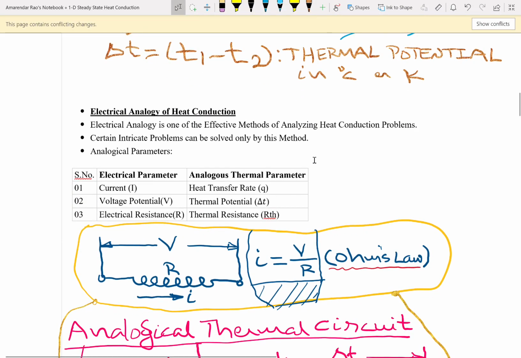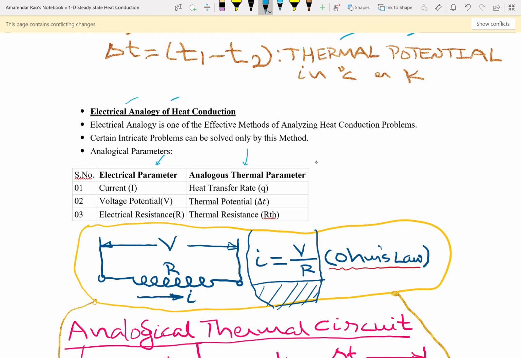Then many a time we feel that the electrical analogy can be conveniently used to solve some complex conduction problems. And before we adopt the electrical analogy, let us have a comparison of analogous parameters by way of a table. Current and heat transfer rate are analogous to each other.